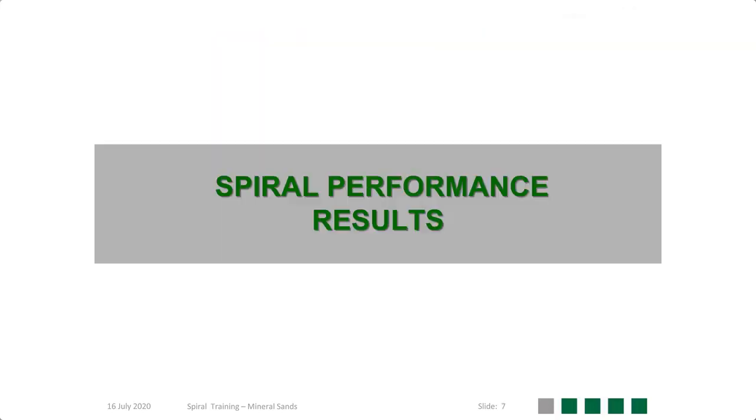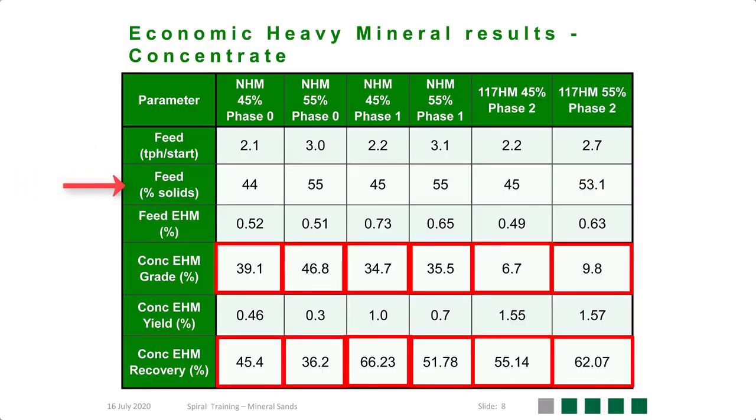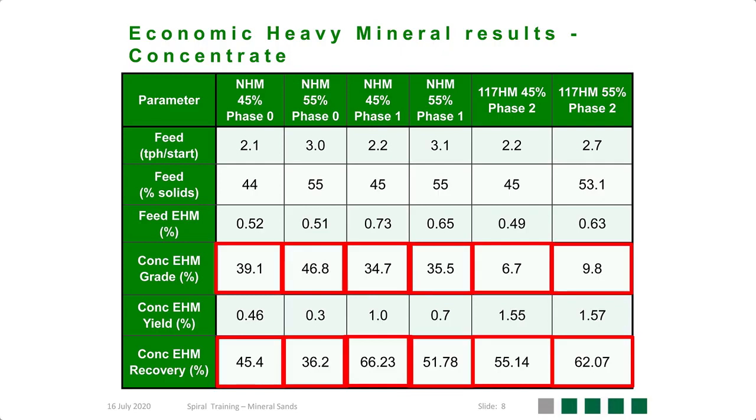So what does the result say regarding all the phases? We've tested all the phases at 45 and 55% solids with a sample with a feed EHM of between 0.5 to 1%. Now, what I want to show in this table is the recovery of economic heavy minerals to the concentrate fractions. Now, if we look at 45% solids in phase 0, we were sitting at around 45% recovery.